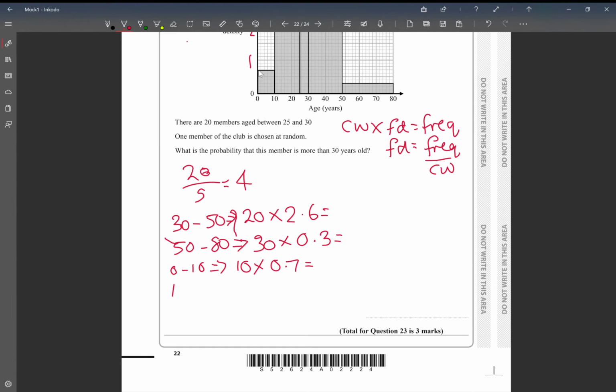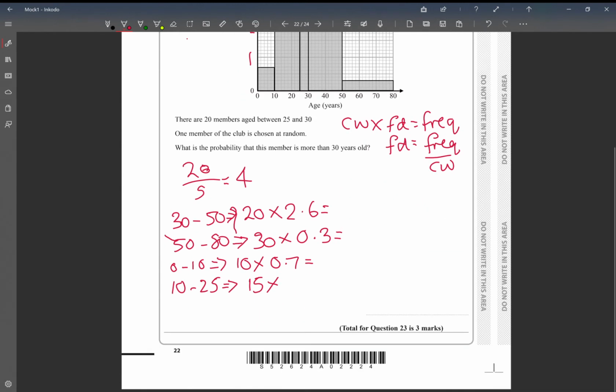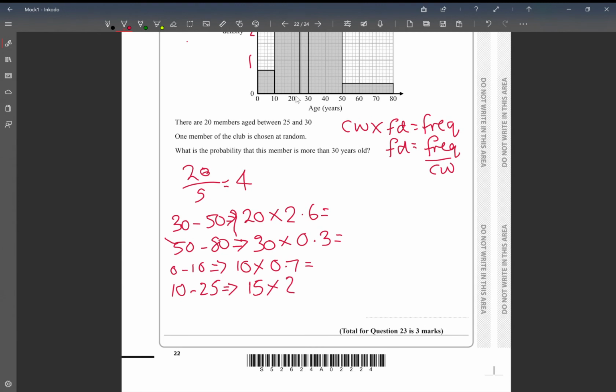And then 10 to 25 is 15 across. See there, and then go exactly 2 up. Okay, so once we've got a scale, we can work out the frequencies of all of these.